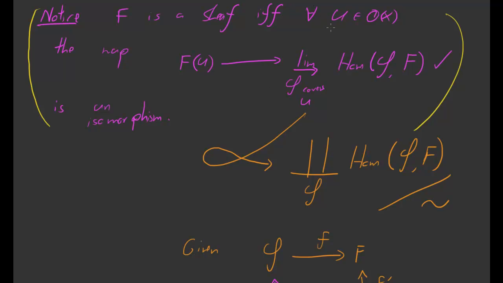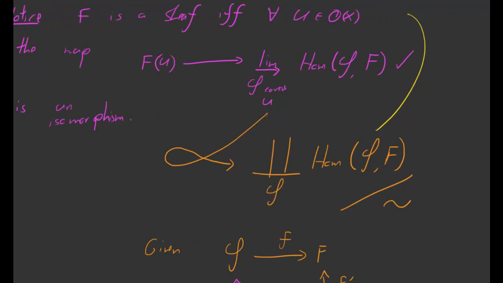And this condition just depends upon U now, right? Because we've bundled all the covering sieves together. That's what we wanted. We didn't want to have to look at the individual covering sieves. And now, at least semi-formally, we don't, because we've hidden all of that data under the rug of this direct limit. Okay. So this is so important, I'm going to write it again and then make a comment on it.